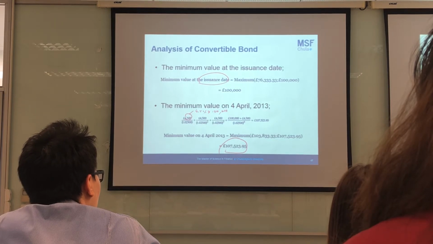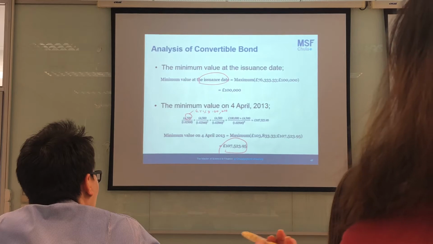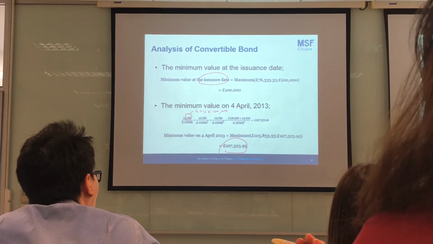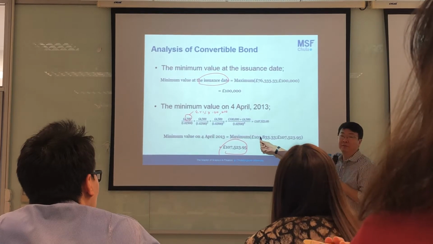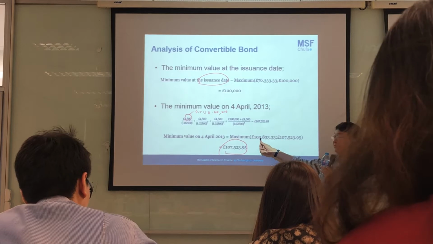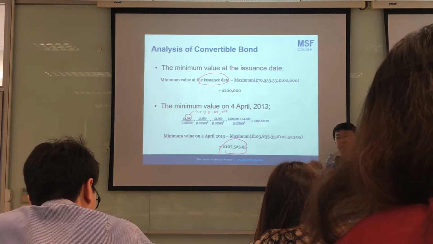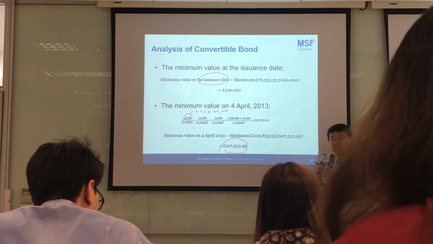We should not exercise, because the market price of the convertible bond is higher. If you convert into the stock, what you get is only this. But if you sell the convertible bond, you get 127.